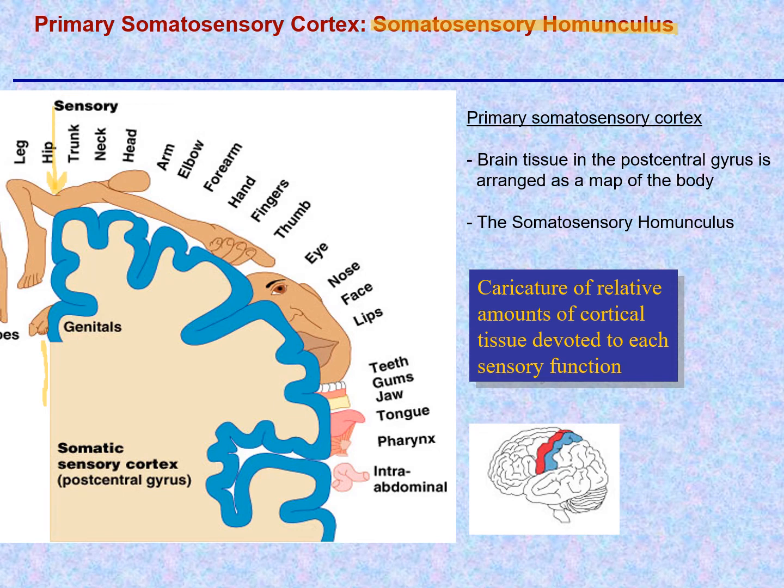And then this is a map going down along the surface cortex of the cerebrum here, in the postcentral gyrus. So this is the somatosensory homunculus, a cartoon or caricature of the relative areas and amounts of cortical tissue found in the primary somatosensory cortex responsible for each of the different parts of the body.